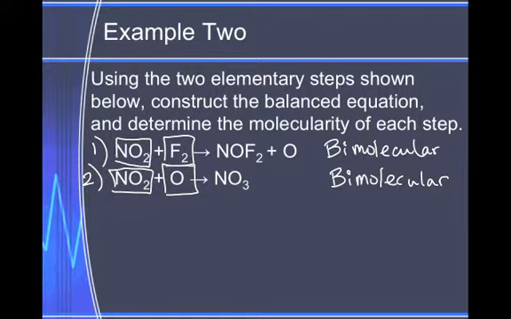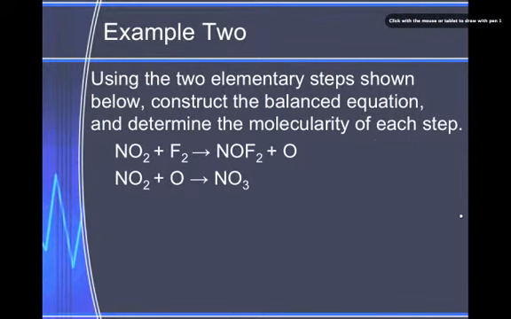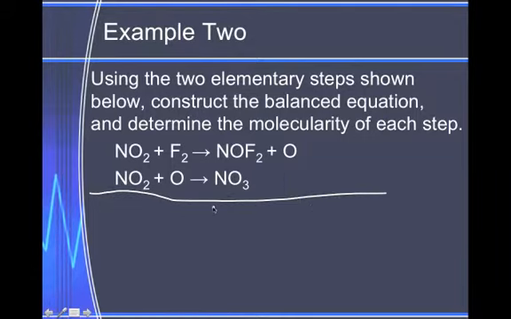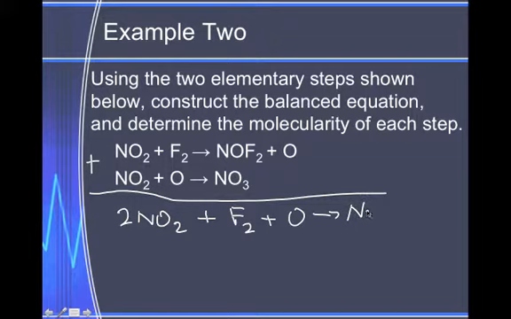We still have to add these together, so let me clear my writing out of the way. The next part asks us to construct the balanced equation. So let's see what we get when we put these two reactions together. If I have NO2, I'm just adding these two equations in both, then I get NO2 plus F2 plus O. So that's all of my reactants. And all of my products would give me this NOF2 plus O plus NO3.